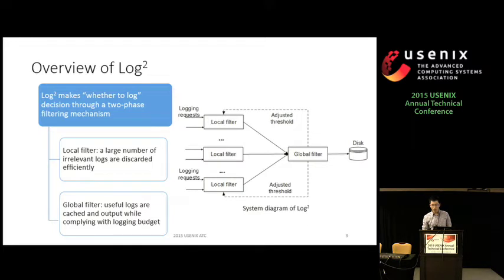The first phase is called the local filter, which is executed within each performance API. In this local filter, a large number of irrelevant logs are discarded efficiently. The second phase is called the global filter, which is triggered periodically on a global memory cache. In the global filter, useful logs are cached and output while complying with the logging budget.